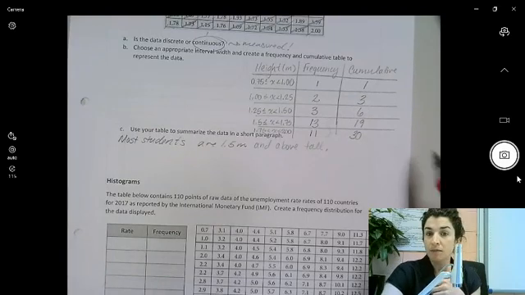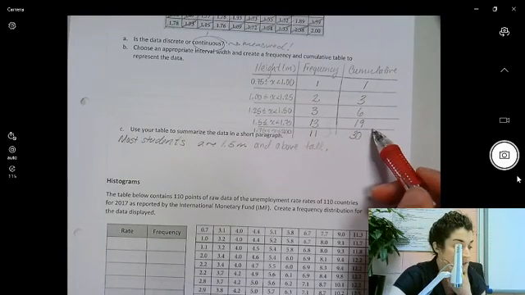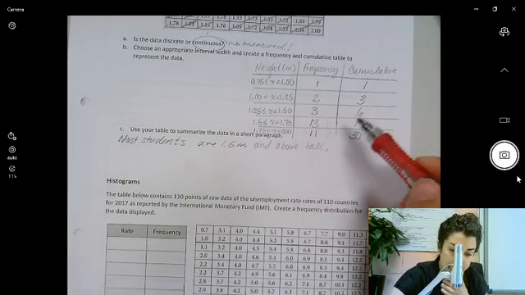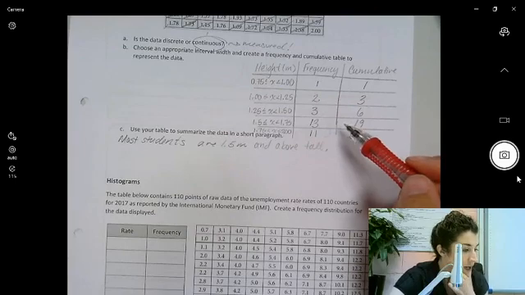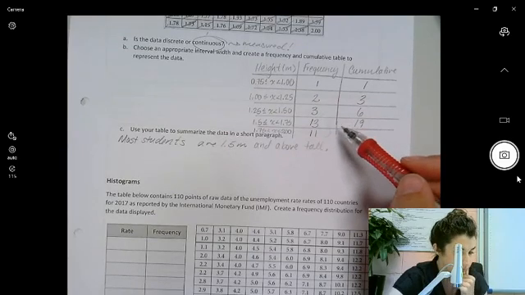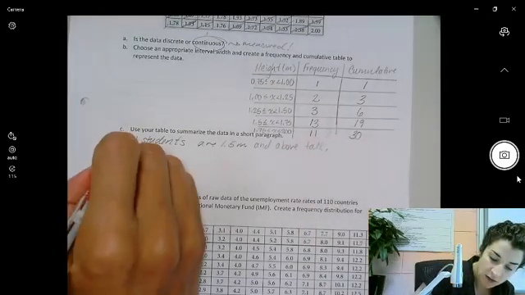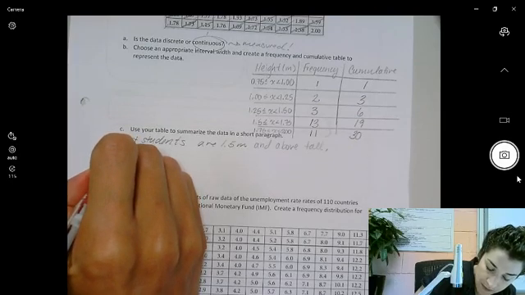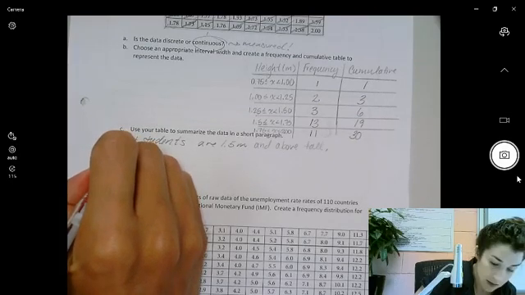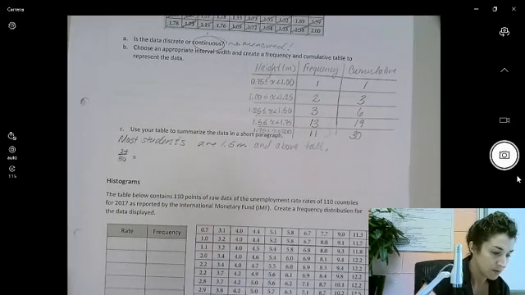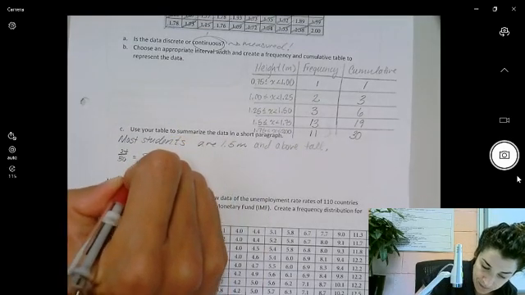Since this is talking about a range at the end of our data, I would like to talk about what the percentile is. So if we add up 13 and 11, we get 24. And if we do 24 divided by 30, we get 80%.